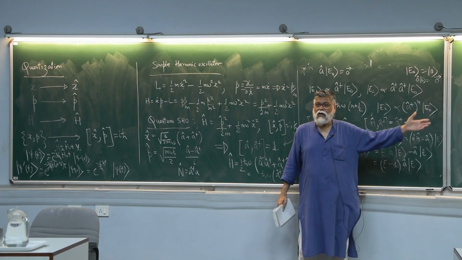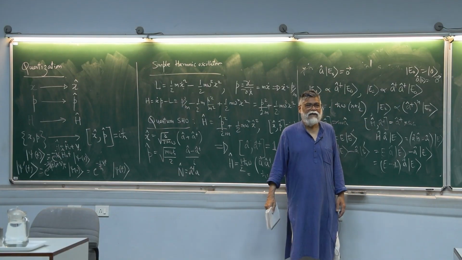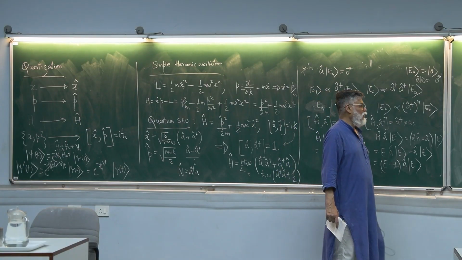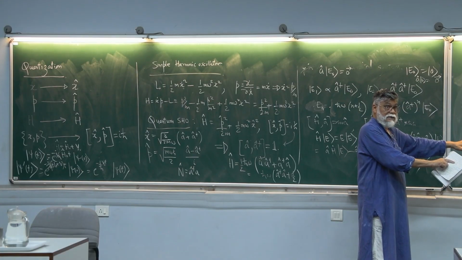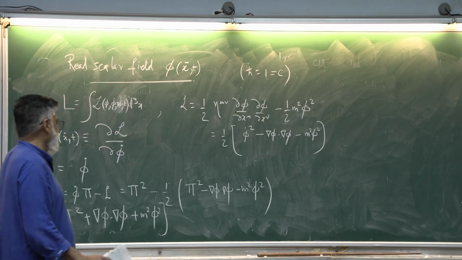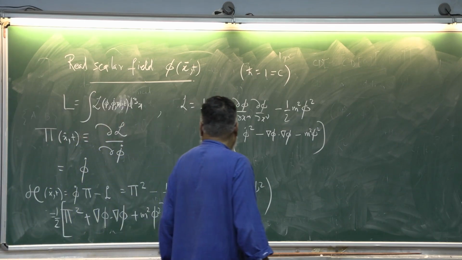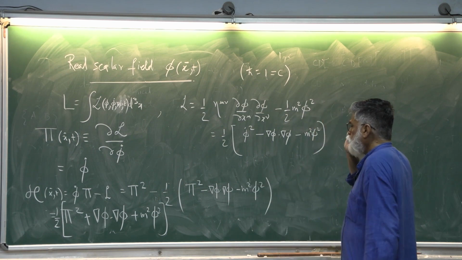If you had taken a complex scalar field, you could have used it for superconductivity in the Ginzburg-Landau formulation. So this has applications also. It's not just for educative purposes. Right, so this is my Hamiltonian density.